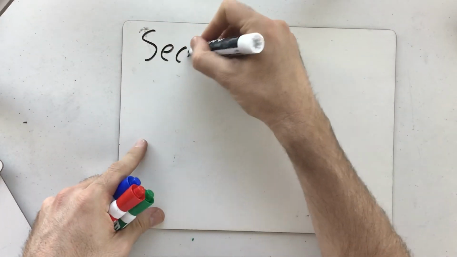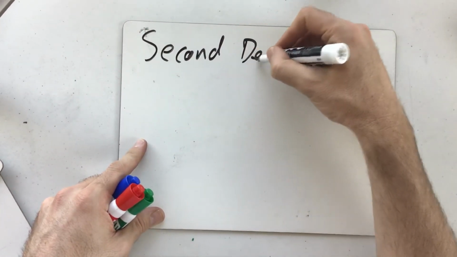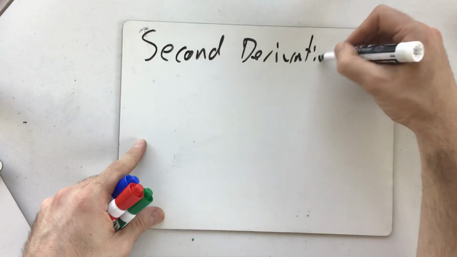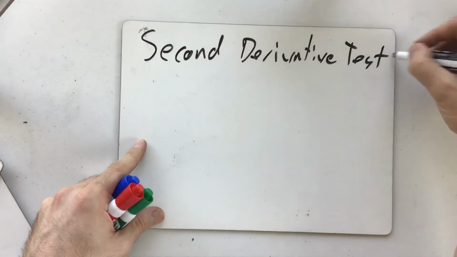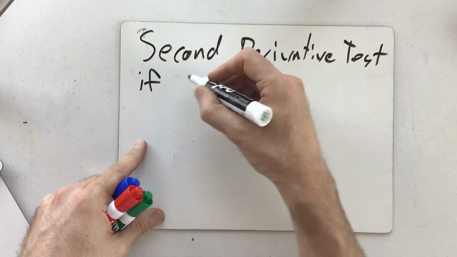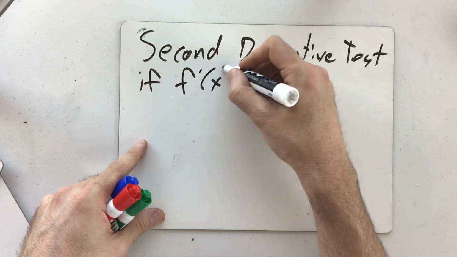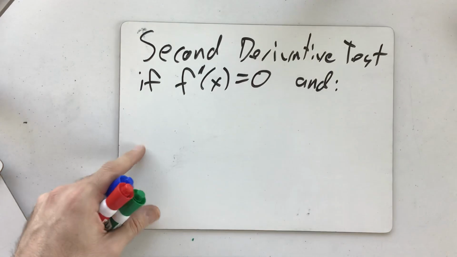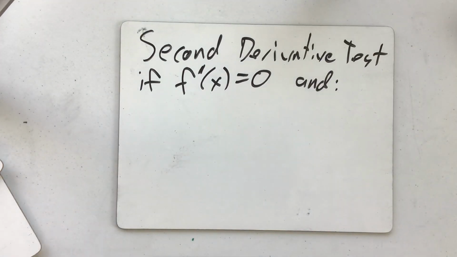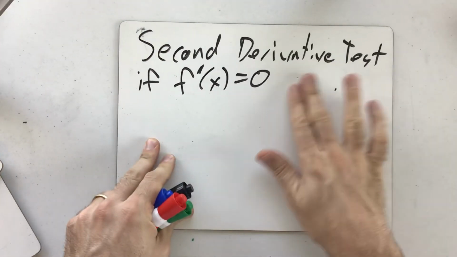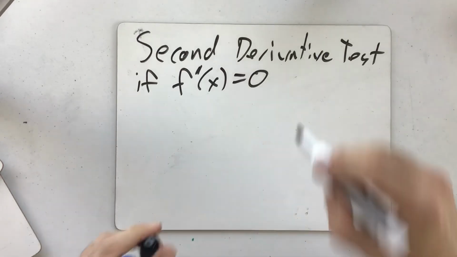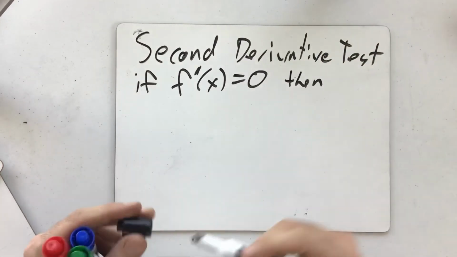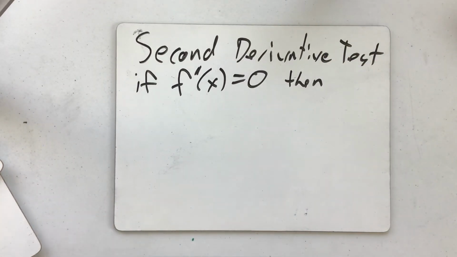So the second derivative test simply says this: if the first derivative equals 0, then one of three things could happen.